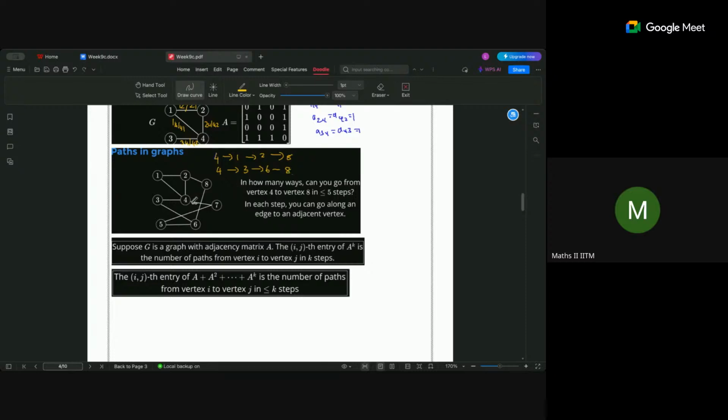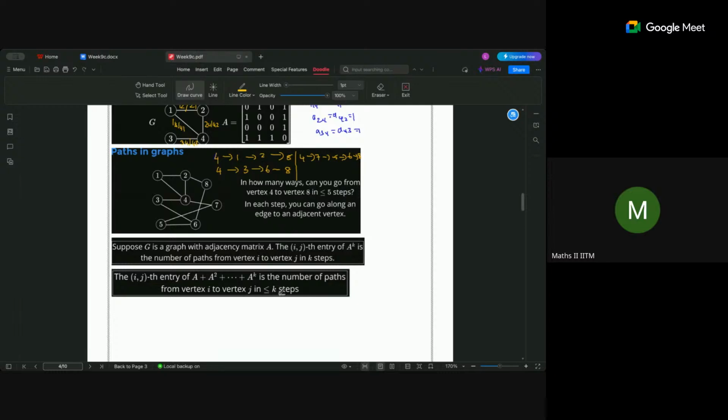And then maybe if I want to go through 7, then it is 4, 7, 5, 6 and then 8. So here we have 4 steps. So like this, the question is how many ways? Instead of just looking at the graph and counting, is there any other way to count the number of ways in which you can move from vertex 4 to vertex 8?